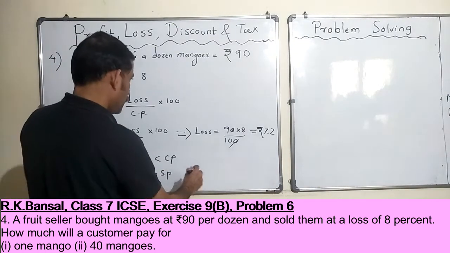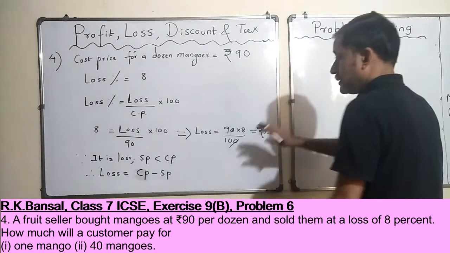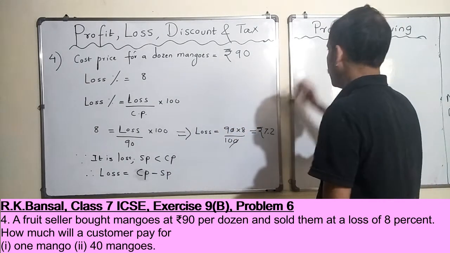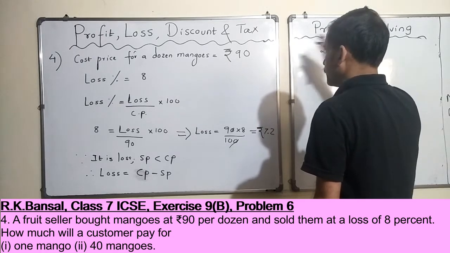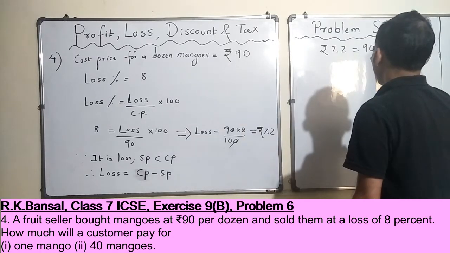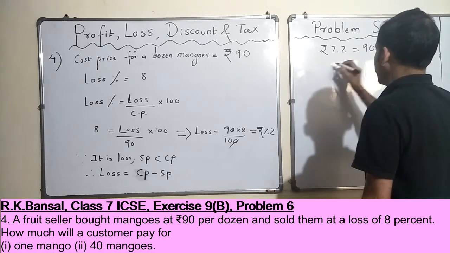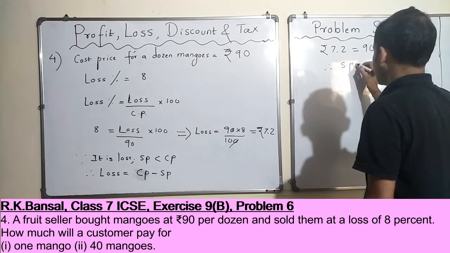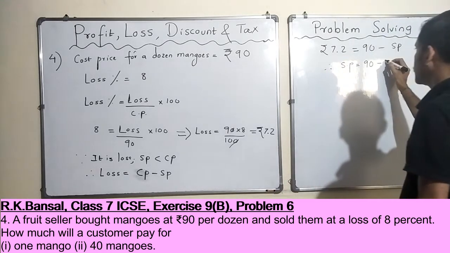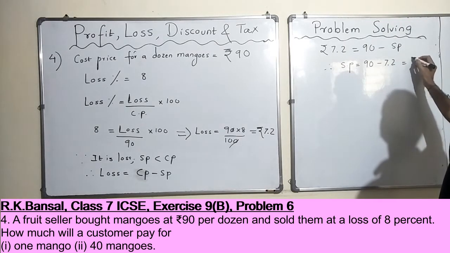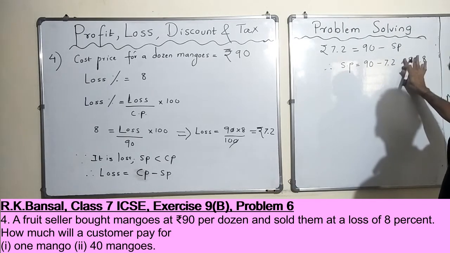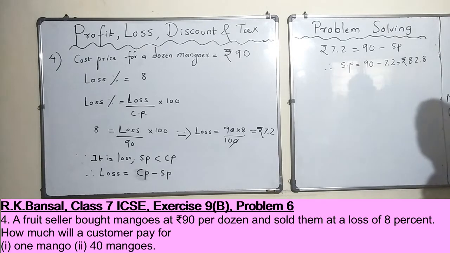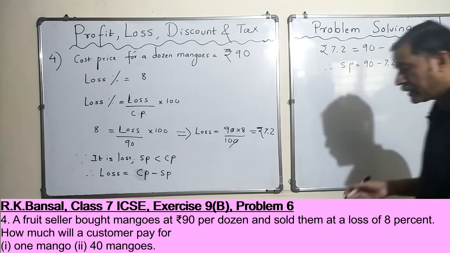In this case, loss we already know is 7.2 rupees. Cost price we know is 90 minus SP. Therefore SP, that is selling price, is equal to 90 minus 7.2, which is equal to 82.8.